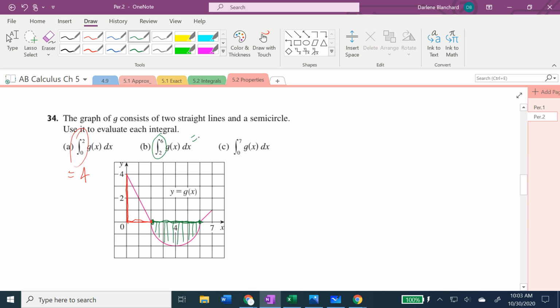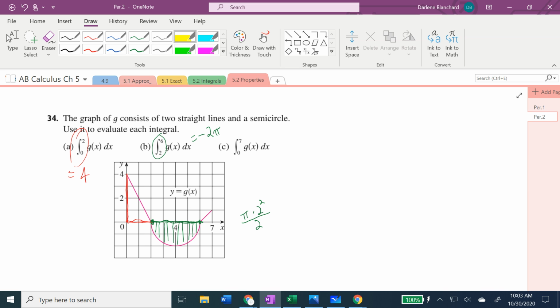So I'm going to get negative the area of that semicircle. This semicircle has a radius of 2. So pi r squared, but divided by 2 will give me 2 pi. But because it's under the x-axis, the integral will say negative 2 pi.